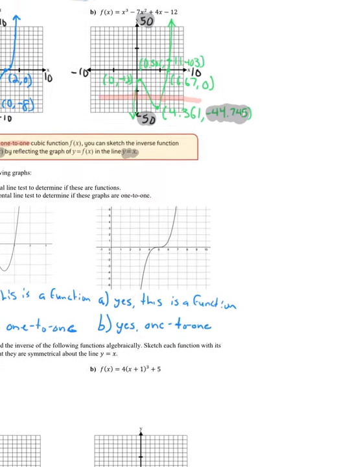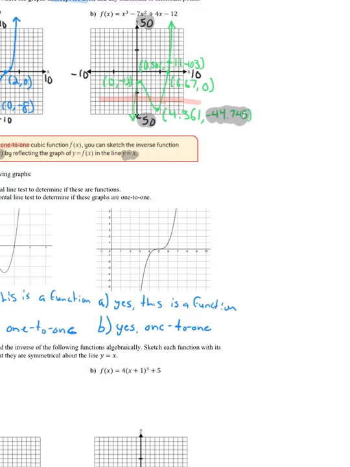All right, so real quick, the equation of example B here is going to be written down like this. Y equals x minus 5 to the third power. Or we could say f of x equals x minus 5 to the third power.